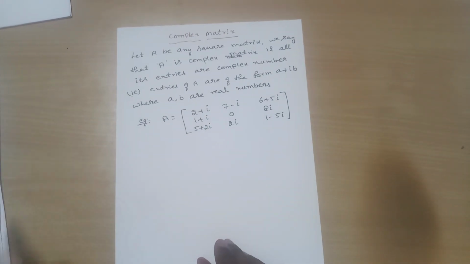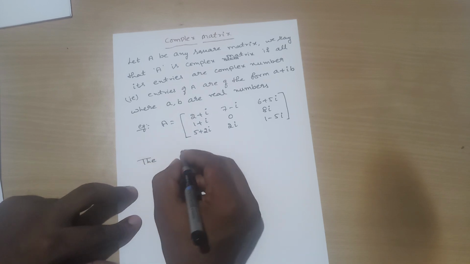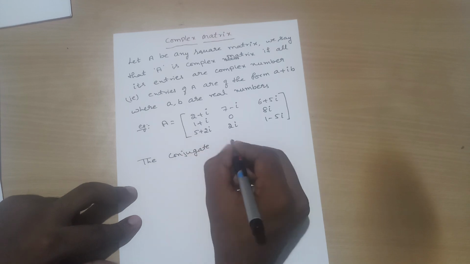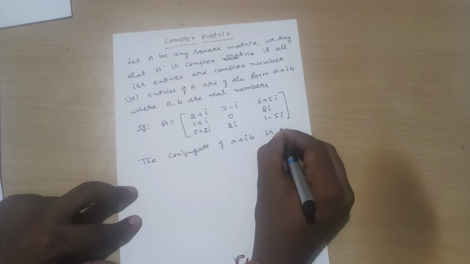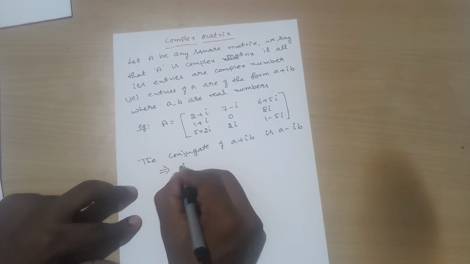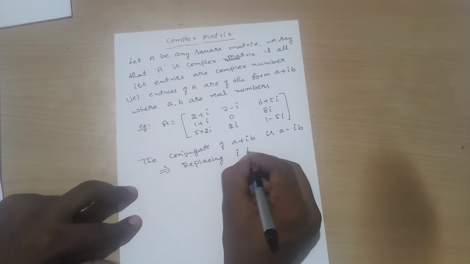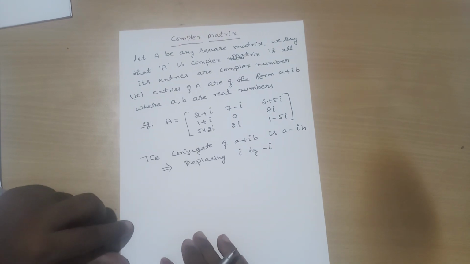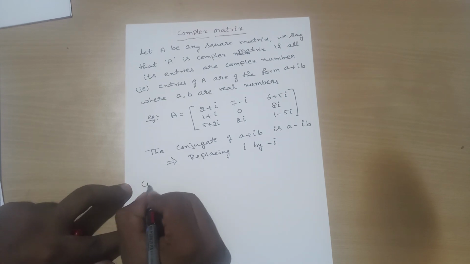Okay, now here the conjugate of a plus ib is a minus ib. So how will you get it? By replacing i by minus i. Now, conjugate matrix.